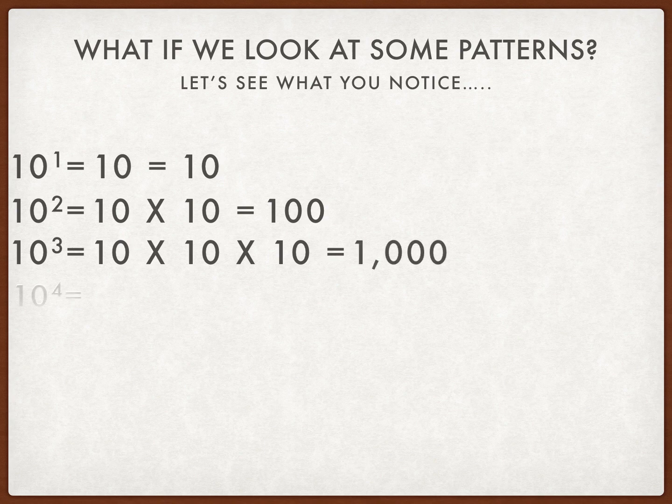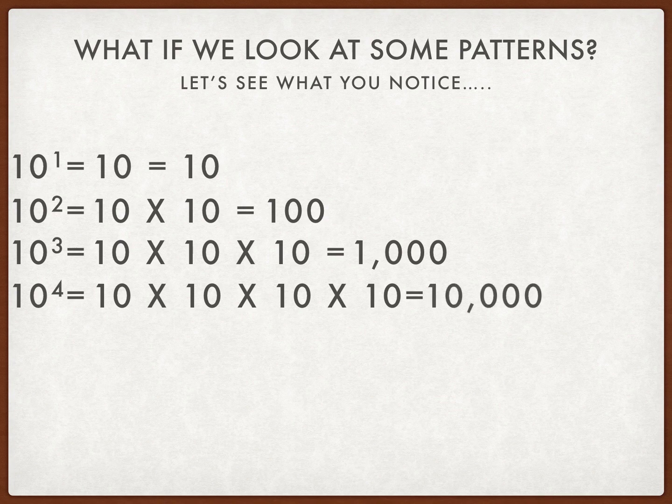Our next one is 10 to the fourth power. 10 is our base, 4 is our exponent, and we would take that 10 and write it 4 times. So 10 times 10 times 10 times 10 is our expanded form. In the calculator, it would pop out as 10,000 as our standard form.